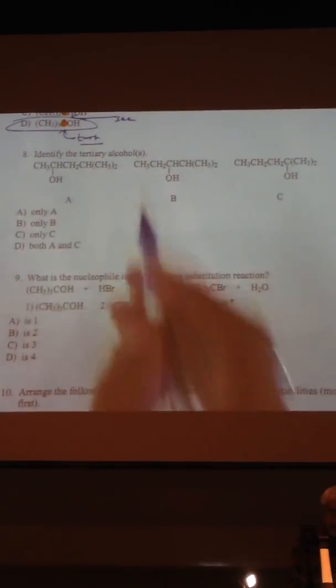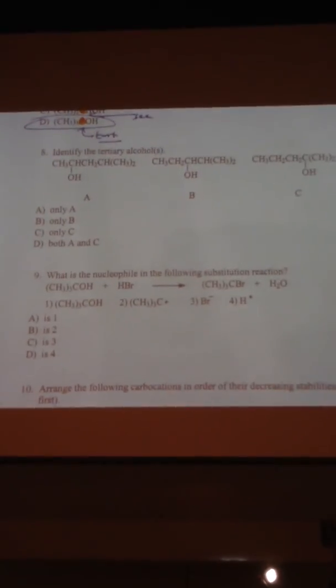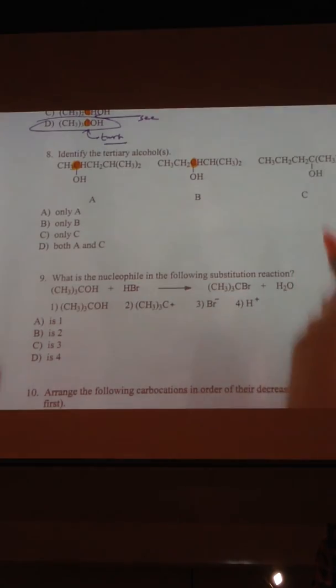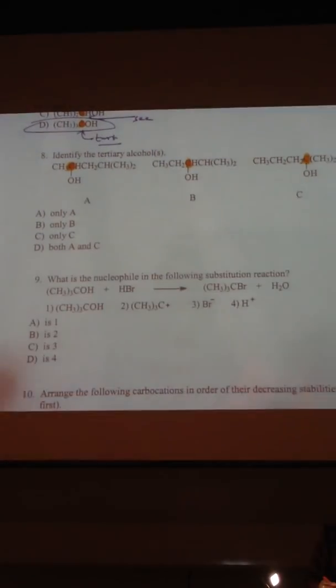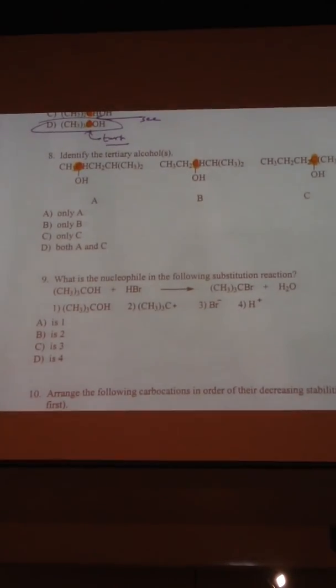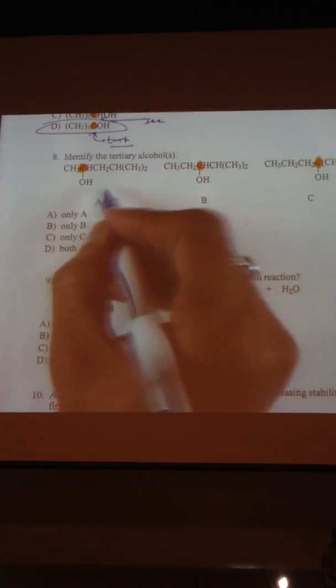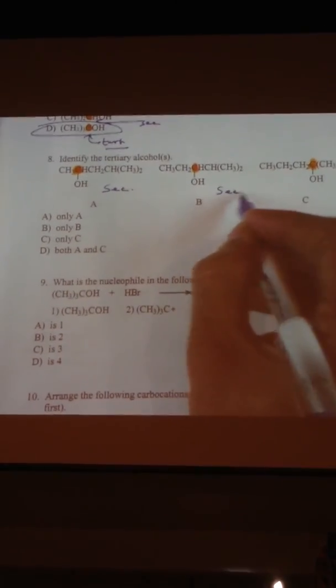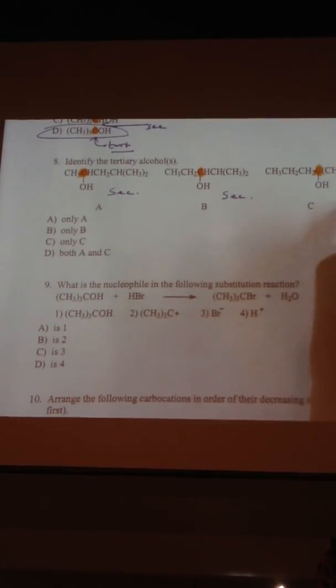Identify the tertiary alcohols. Again, you look at the specific carbon to which the OH group is attached. This one, and this one. So again, in this case, this is a secondary, this is also a secondary, and this is tertiary.